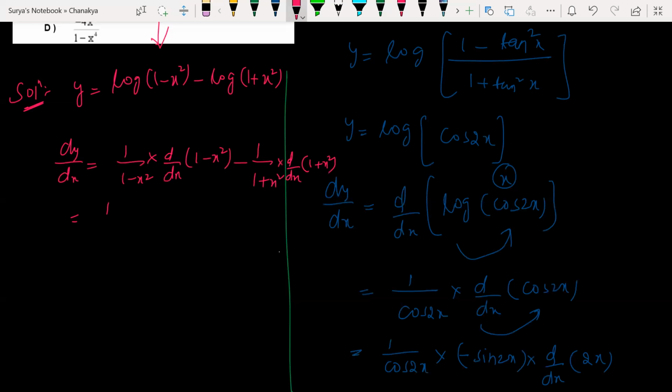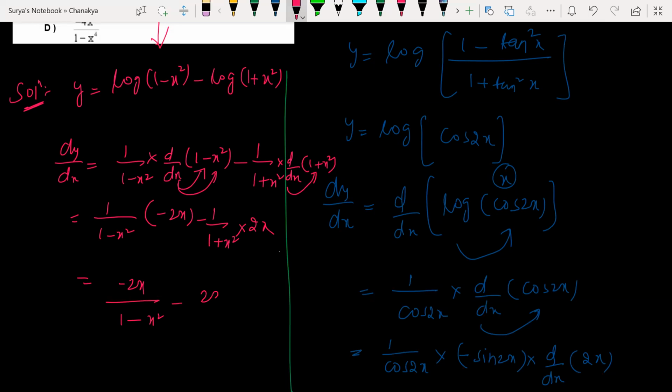So 1 by 1 minus x square, d by dx of 1 minus x square: d by dx of 1 is 0, d by dx of minus x square is minus 2x. Minus 1 by 1 plus x square into d by dx of x square, which is 2x. So I got minus 2x by 1 minus x square minus 2x by 1 plus x square.